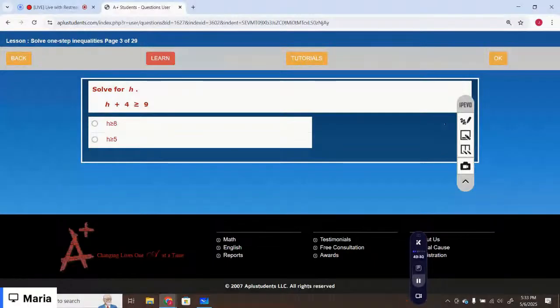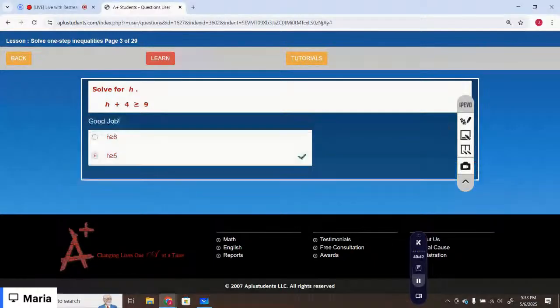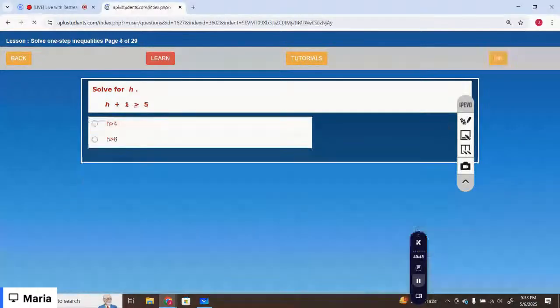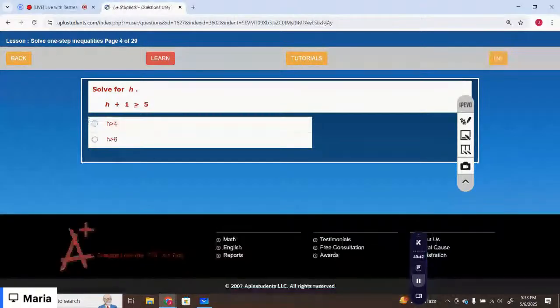Option number 2 is the correct option. Solve h plus 5 is greater than 9. H is greater than 4.